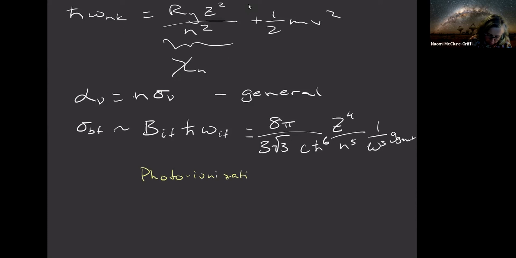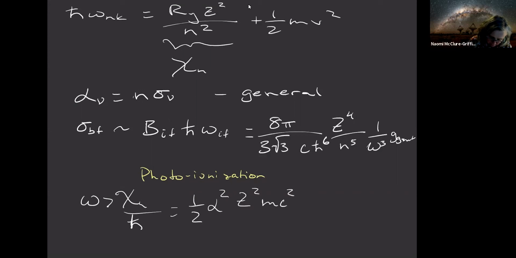So that says that for an atom sitting in a radiation field, what cross section does it present to that radiation field for the likelihood of becoming entirely ionized? Now, if omega is greater than the ionization energy over h bar, then it will be equal to 1/2 alpha squared z squared mc squared over h bar n squared.